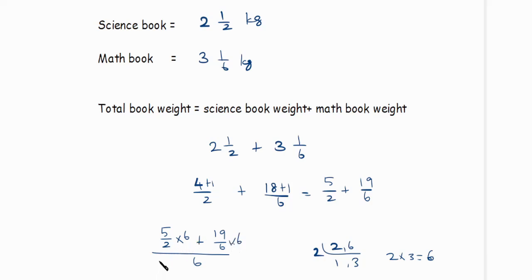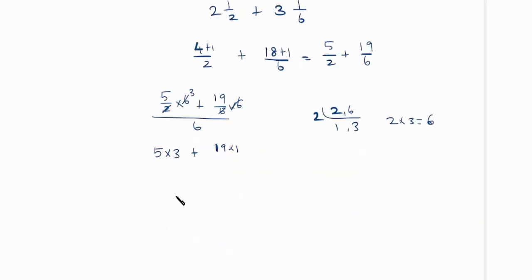So it becomes 5 into 3 plus 19 into 1, whole divided by 6.